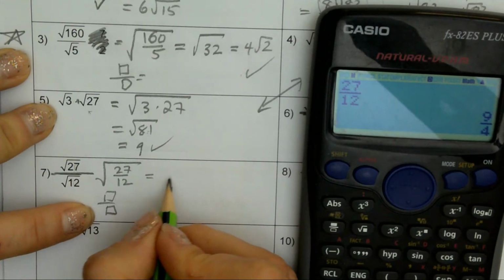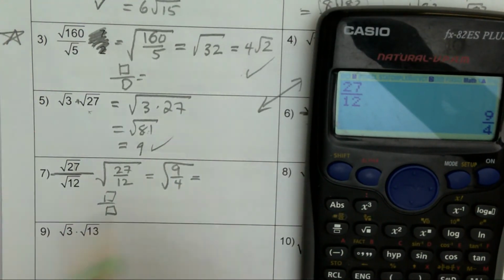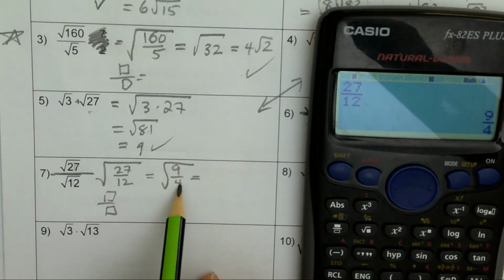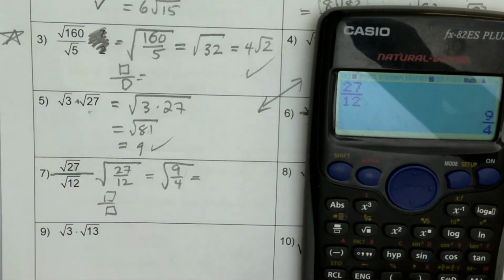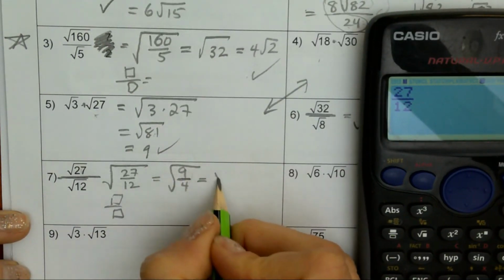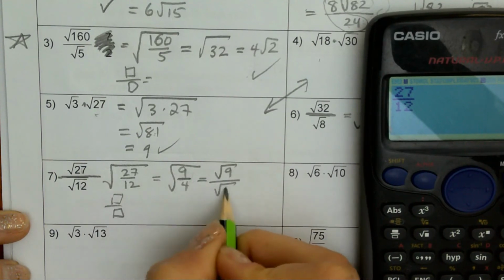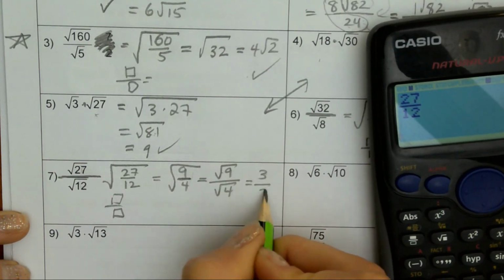Yeah, that's the same as 9 over 4. Oh, that's a perfect square. So they're together, but maybe I can break it apart. So because that's divide, I can separate this into the square root of 9 and the square root of 4, which is, this is 3 and this is 2.